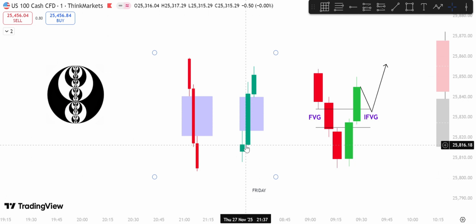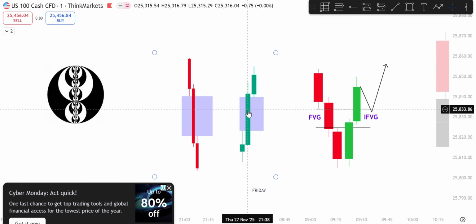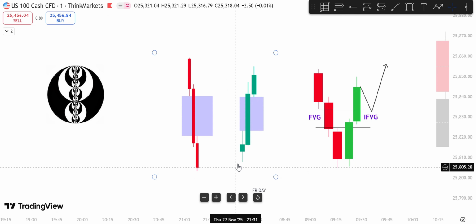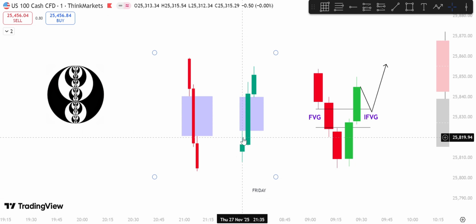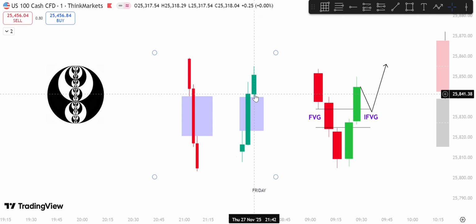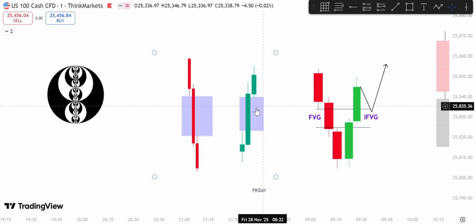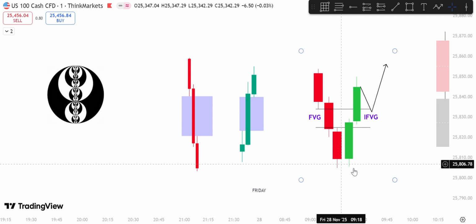But most of the time you have a wick, so it's from the first candle's top wick to the third candle's bottom wick. Since this is a bullish example, it's from the first candle's top wick to the third candle's down wick. It's going to create this gap, and you can mark it out with a rectangle.